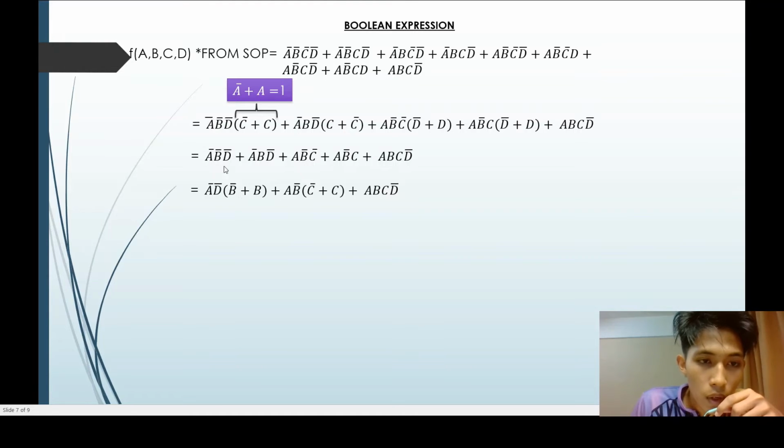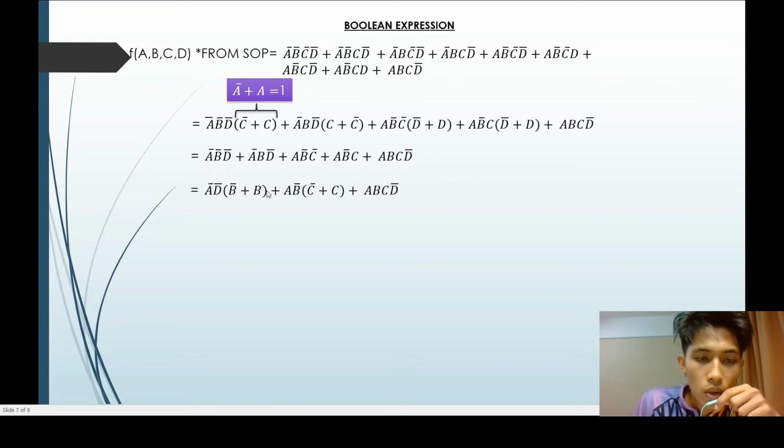So in the bracket will be B bar plus B, like this one. And then for this one, same situation like before, A B bar C bar plus A B bar C. So we can see that A and B bar is the same, so we can factorize. When we factorize, we can see that in the bracket C bar plus C, and plus this one, because there are no more equations that can be factorized.